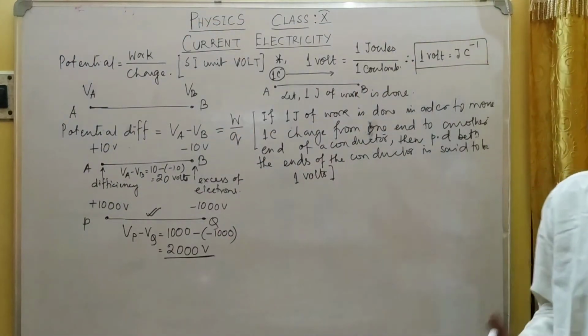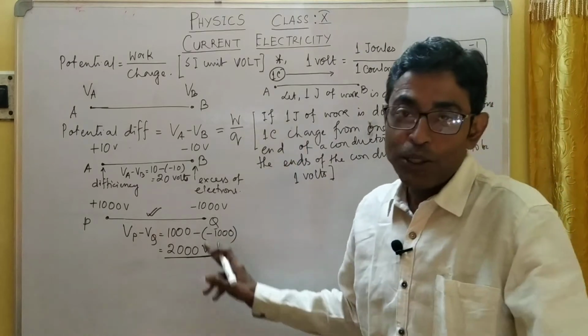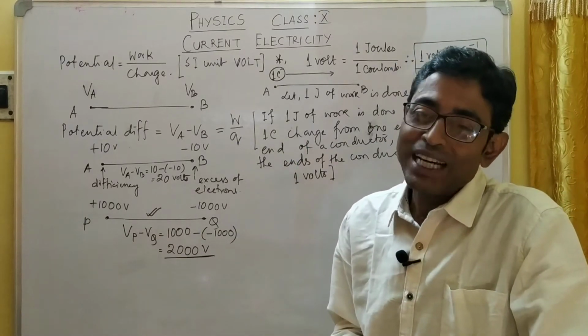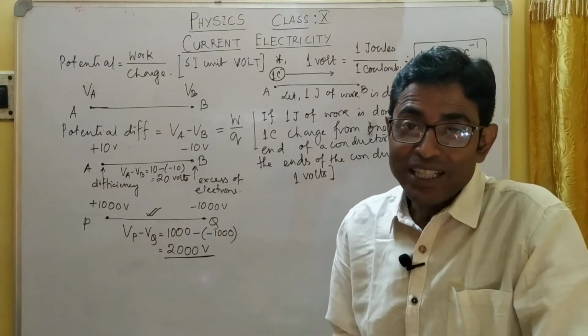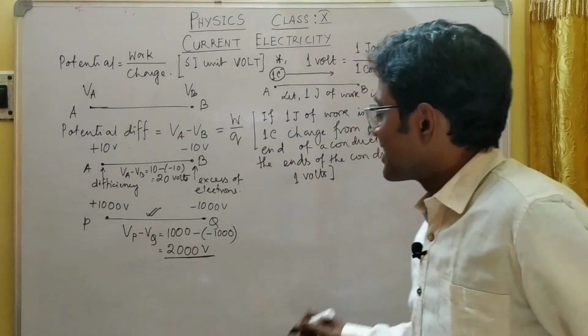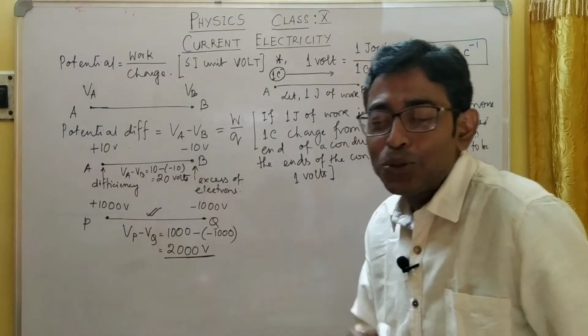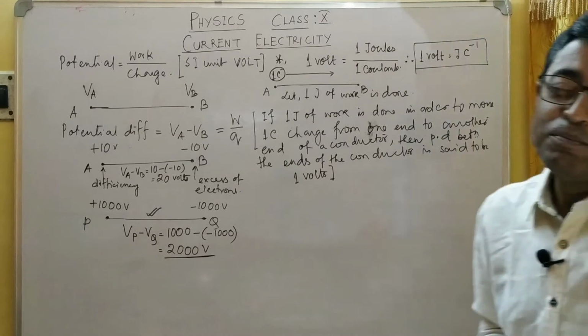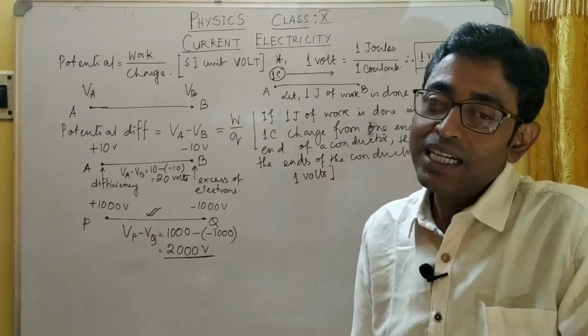So in which case more electrons will flow? In case of PQ. When more electrons flow, we can tell more current is flowing. So can I say it like this? Current flowing through the conductor is directly proportional to potential difference.